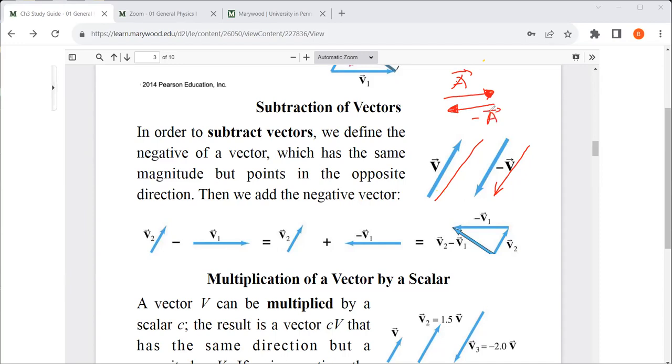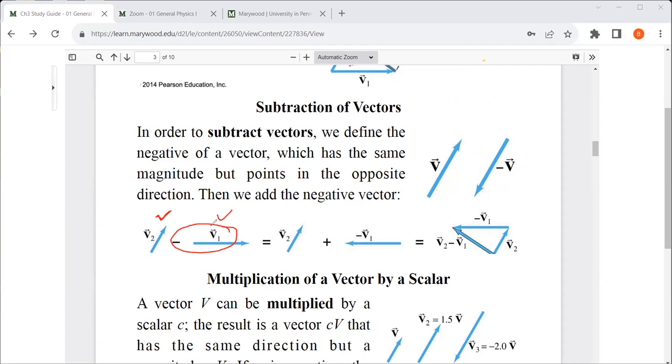Once you understand this, subtracting a vector is not a big deal. Let's see how to do that. Let's say we want to subtract v1 from v2. v2 is this one, and v1 is this one. Negative v1 is this one, right?